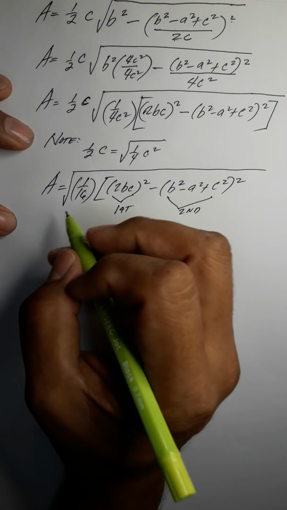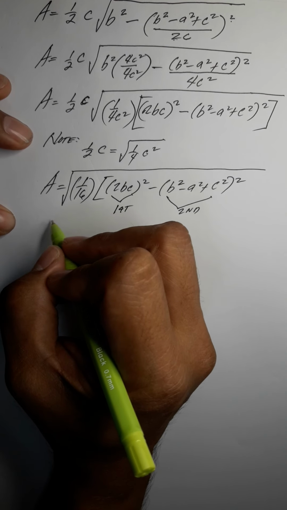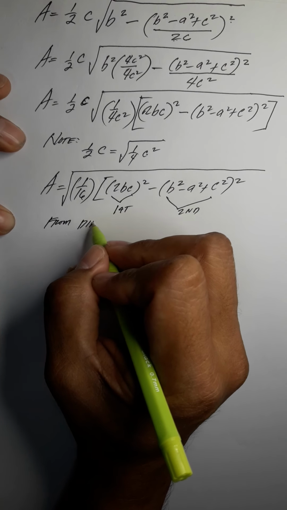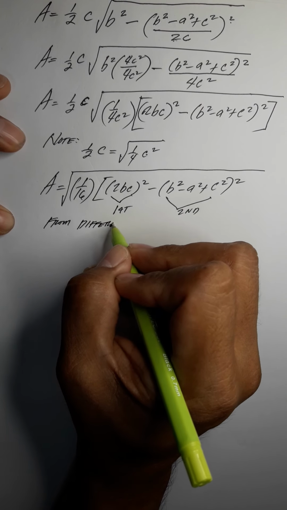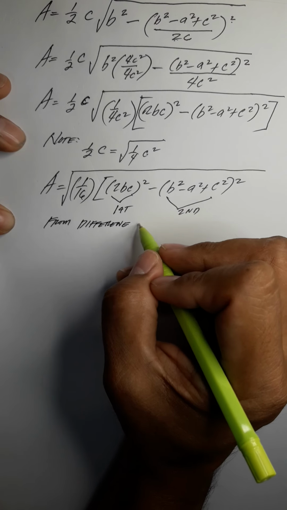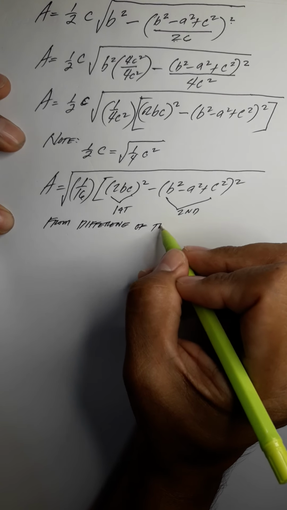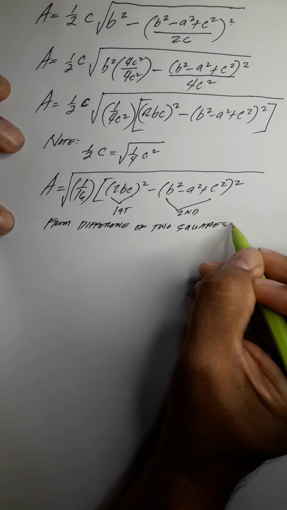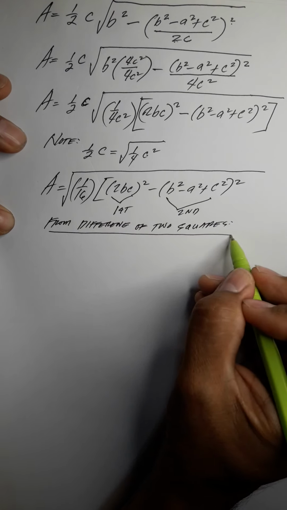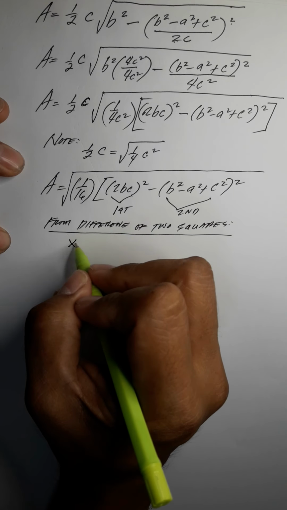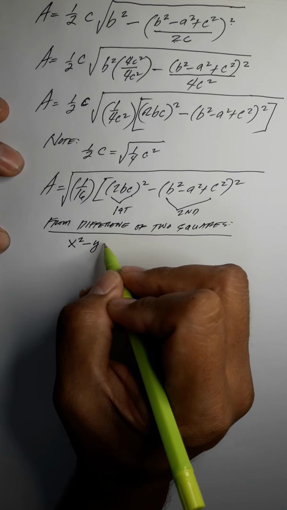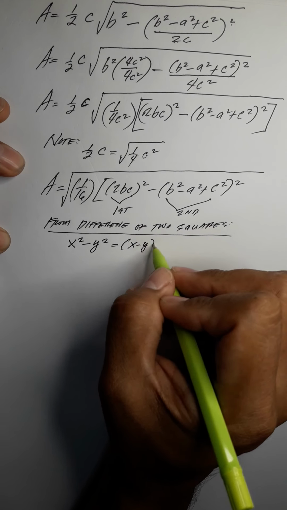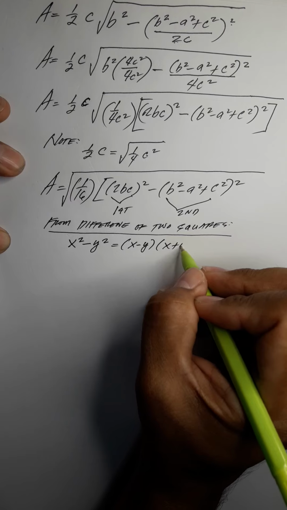From the difference of two squares, we have x squared minus y squared is equal to (x minus y)(x plus y).